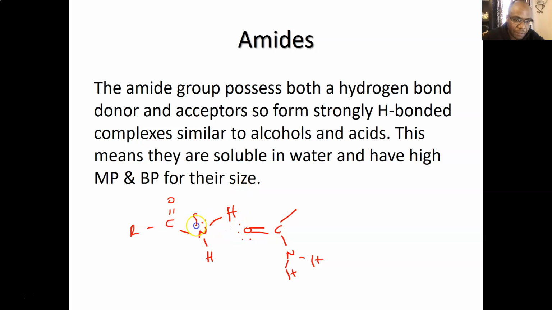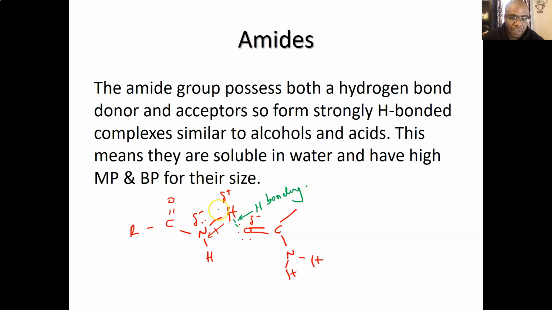So nitrogen is partially negative, and the hydrogen is partially positive because nitrogen is more electronegative than hydrogen. You expect that a partially negative oxygen of another amide will be attracted to the partially positive hydrogen of the other amide, and in between them you get hydrogen bonding. Like I said, this holds proteins together, DNA in biochemistry, and so forth.